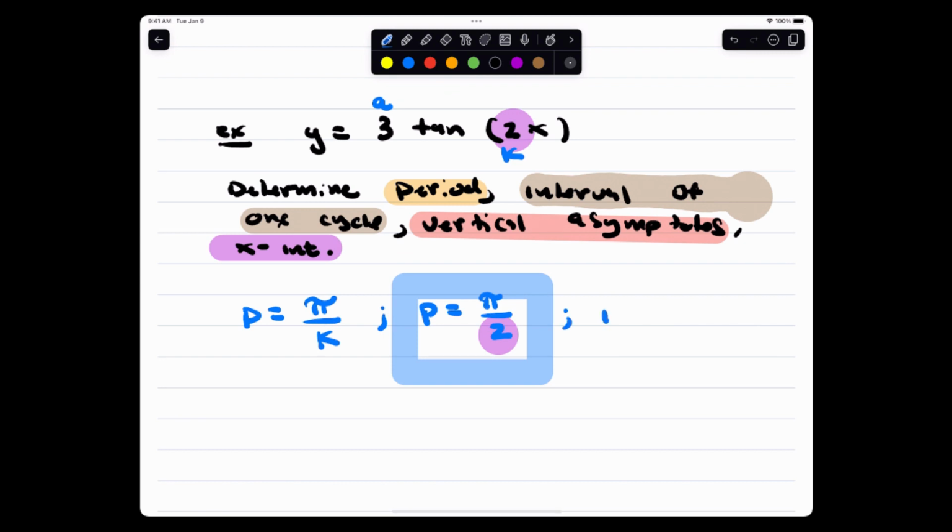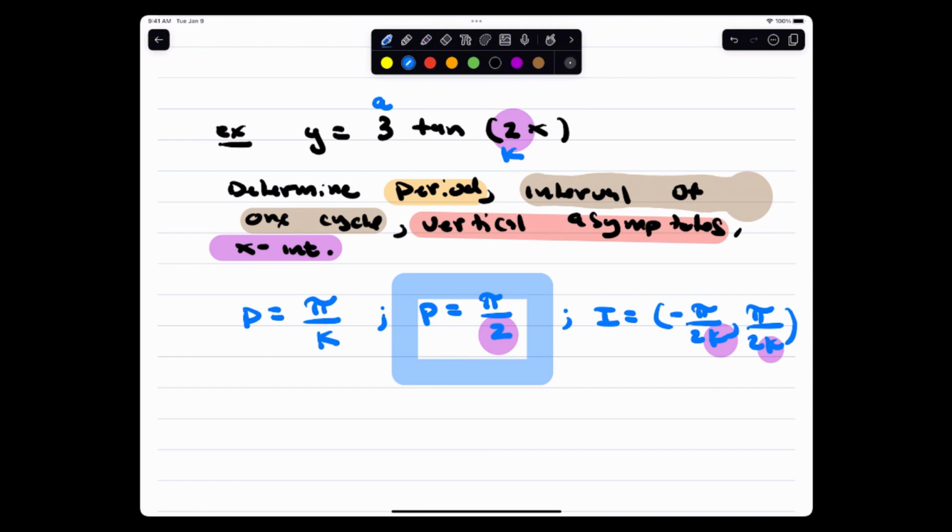What's your interval of 1 cycle? Negative pi over 2k, and then pi over what? 2k. Isn't that what that definition is? So this is a different function, ladies and gentlemen. This is tangent.